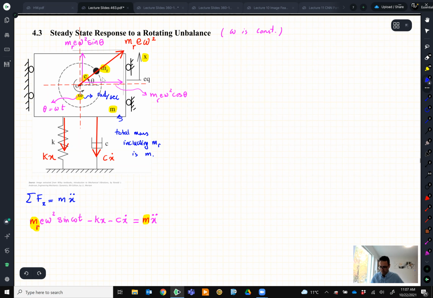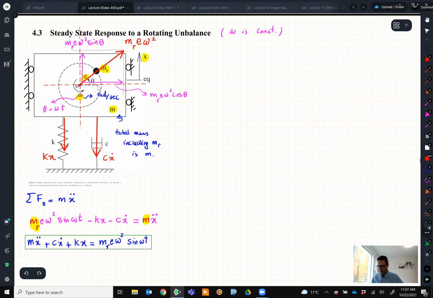So now let's clean it up and write it in a form that we know what to do with. Mx double dot plus Cx dot plus Kx is equal to mr e omega squared sine omega t. So that's an equation that is familiar for us, and we know how to deal with it.